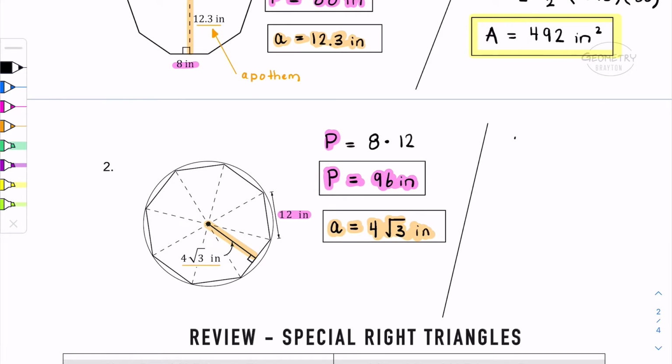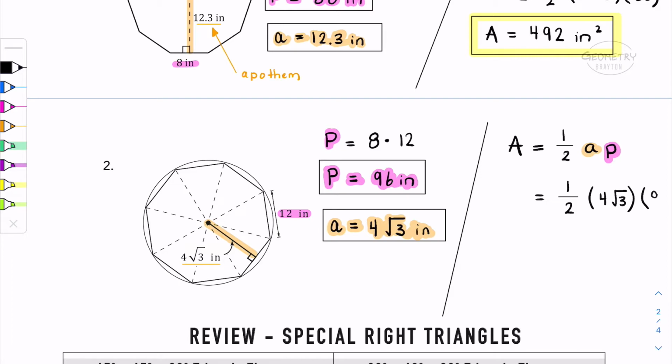Once I have this information, I can calculate the area. When I substitute these values into the formula, I'm going to calculate 1/2 times 4 multiplied by the square root of 3, and we're multiplying this by 96. When I type this into my calculator, I end up with 384 times the square root of 3 divided by 2.